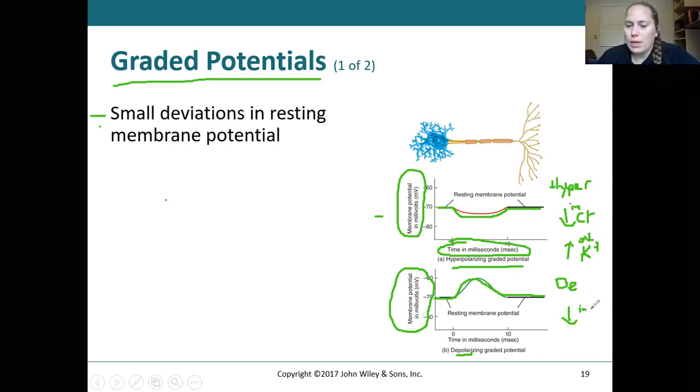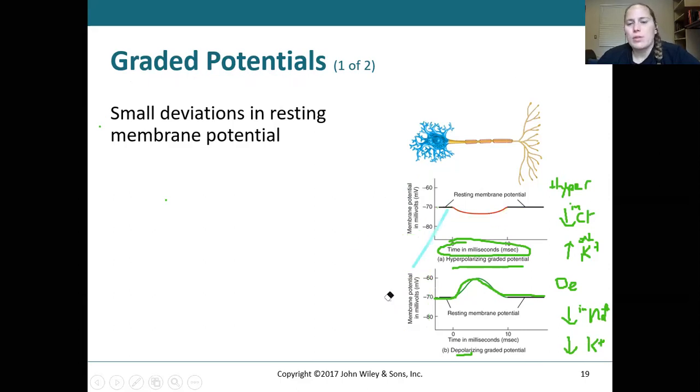You could have sodium coming into the cell. You could have potassium coming into the cell. And like we saw with the previous slide, anions generally don't leave the cell. I guess you could have chloride leaving the cell, but I don't think that happens. Okay, so these are graded potentials.